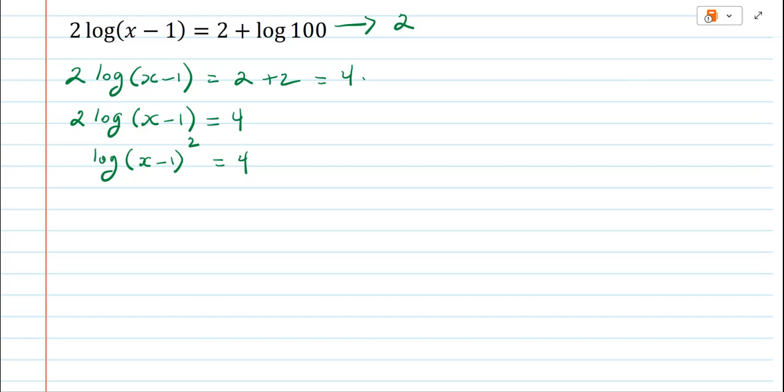I'm going to put 10 down here just as a reminder. So this expression is equivalent to 10 to the 4 equals the argument of the log, (x minus 1) squared. Okay, simple as that.